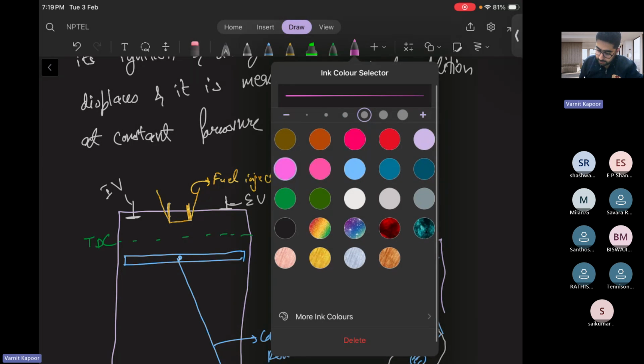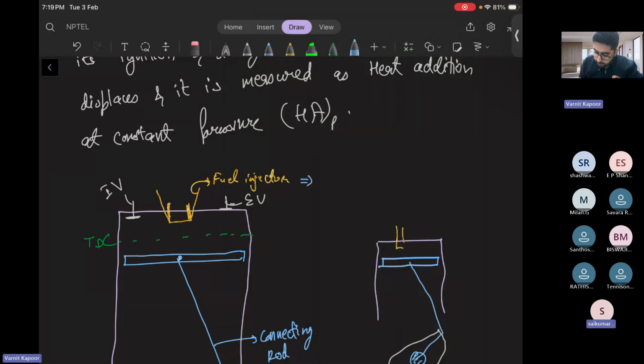Let me write. Let me use another pen. Yes, any doubts? Has anyone of you unmuted? Vibration and noises. If you see, a diesel engine has a high vibration and a high noise compared to a petrol engine. In a petrol engine, yes, any doubts?